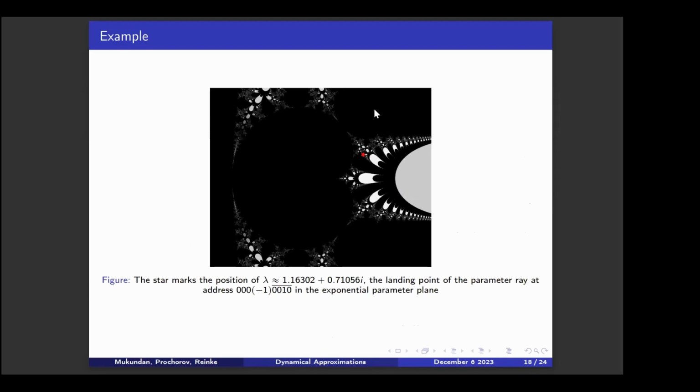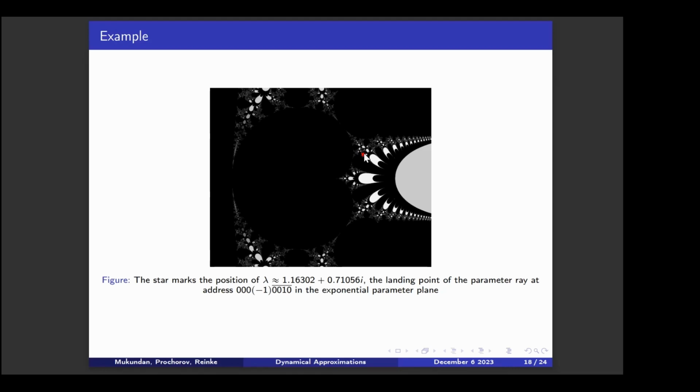So here is one example of convergence. This picture is in the space of exponential functions. All functions here are of the form lambda e to the z, and I'm looking at the lambda plane. The points colored black are the lambdas for which the singular value does not escape to infinity.